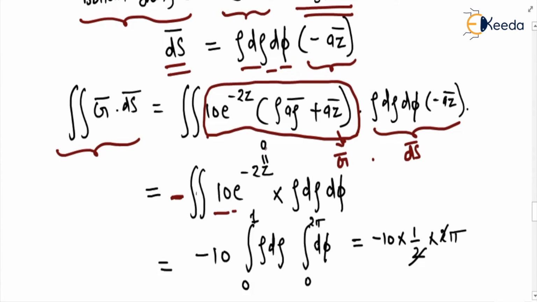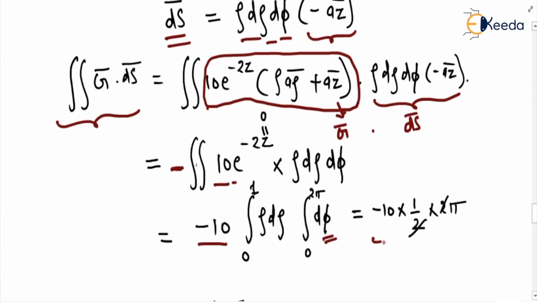So z is 0 here, because on the bottom surface z is equal to 0. So minus 10, and the integration of rho is from 0 to 1, and the integration of d phi will be from 0 to 2 pi.